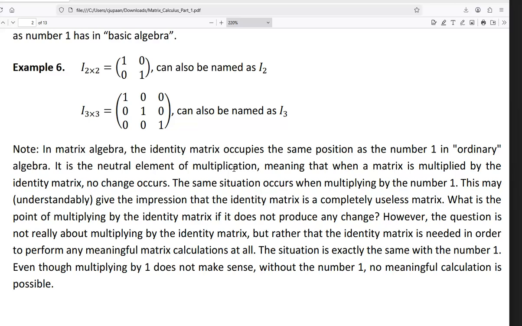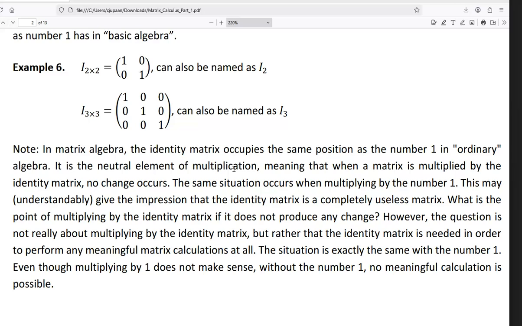But probably the most important thing concerning this unit matrix is that it gives us the possibility to, for example, solve equations in matrix calculation.